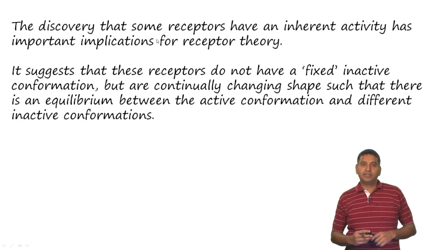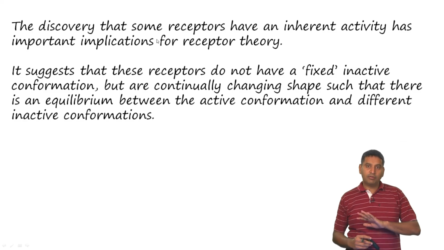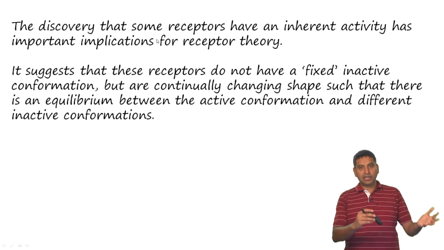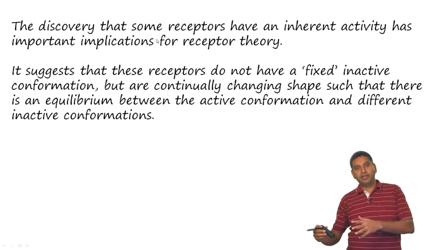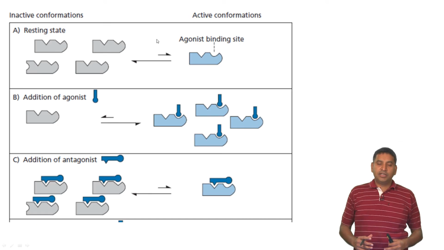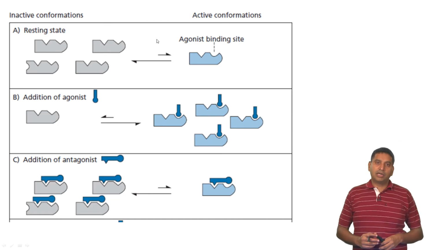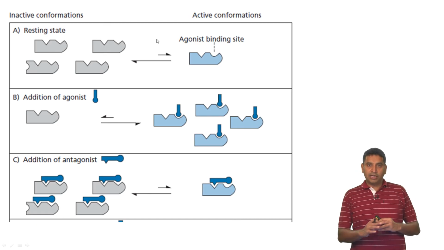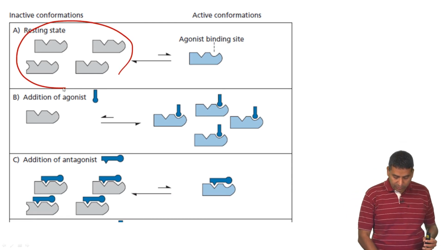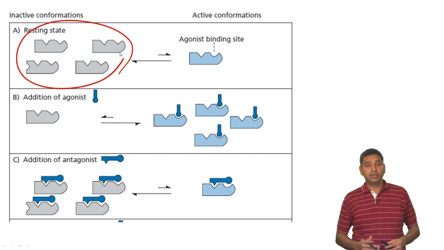It suggests that these receptors do not have a fixed inactive conformation, but are continually changing shapes such that there is an equilibrium between the active conformation and the different inactive conformations. Now, in order to understand this, let us look at some cartoons. In a traditional receptor, there is a resting state which is shown by these gray pictures here.